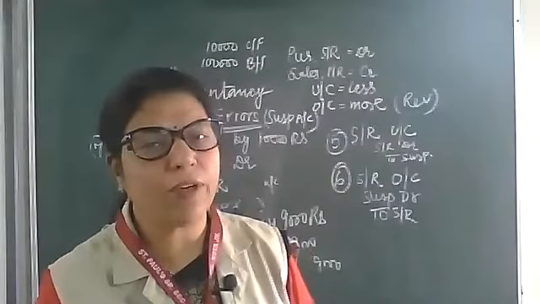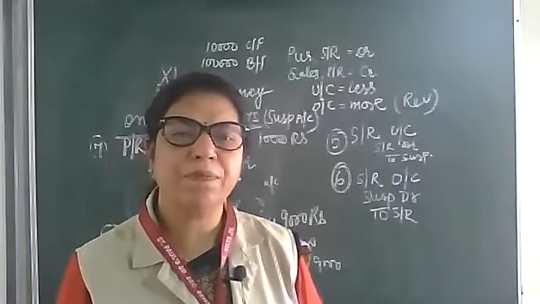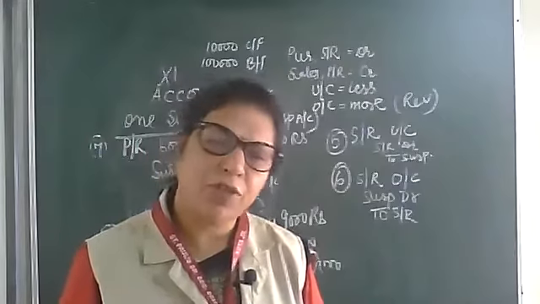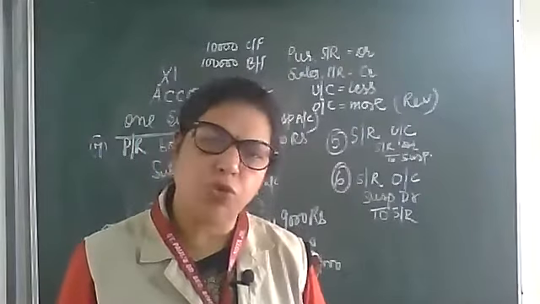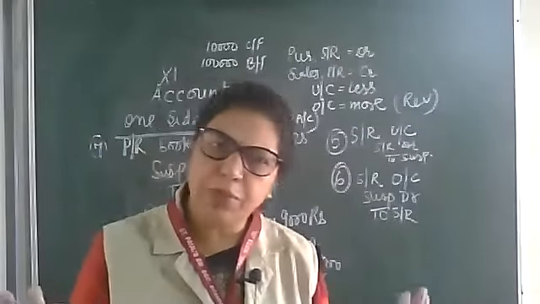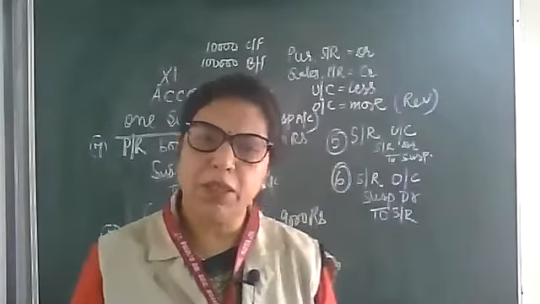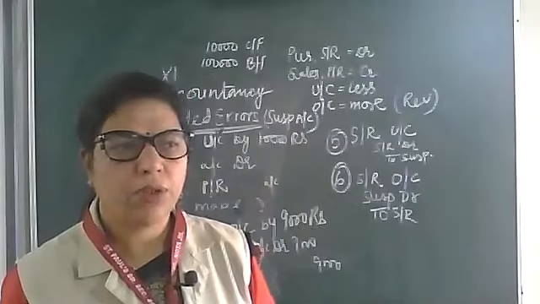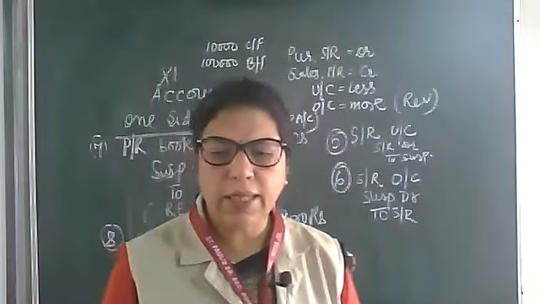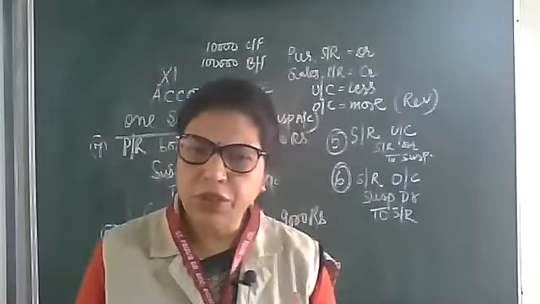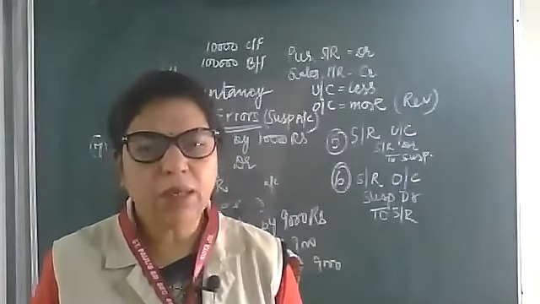What will be the overcasting amount? 90,000. Very good. So purchase overcast. Now the entry will be same: suspense account debit to purchase account. Okay, got it? These are the ways in which the question may be there.